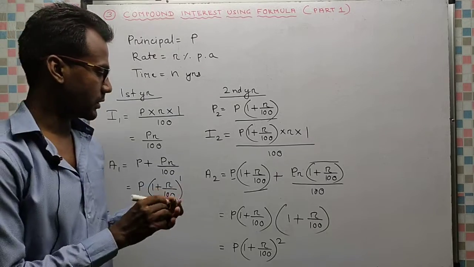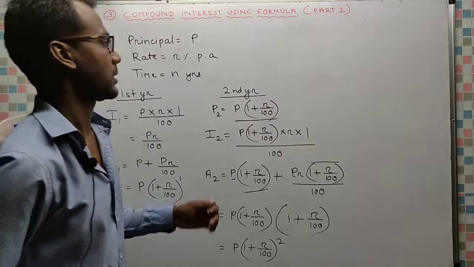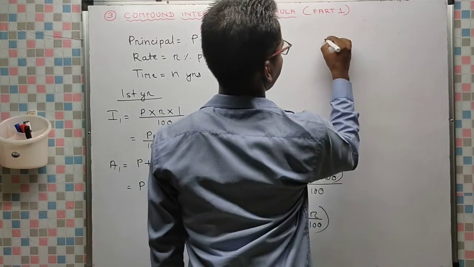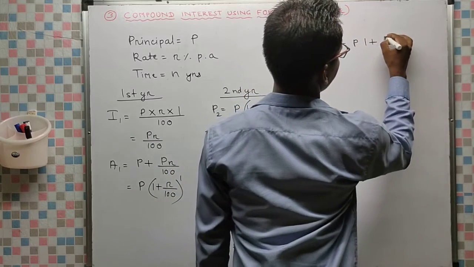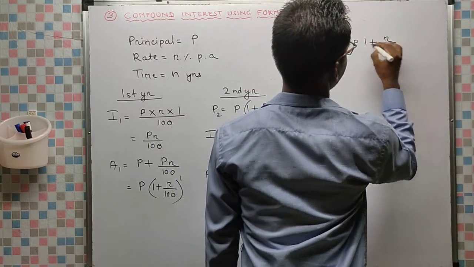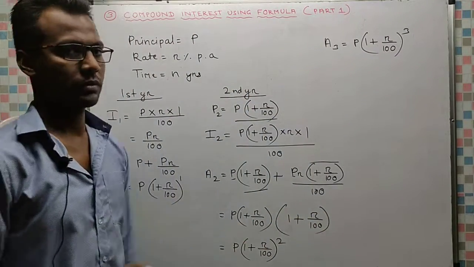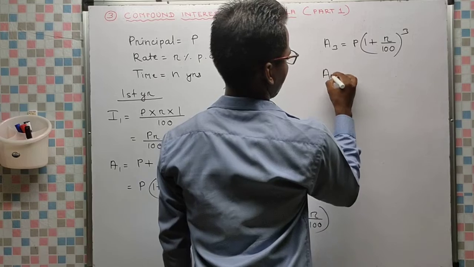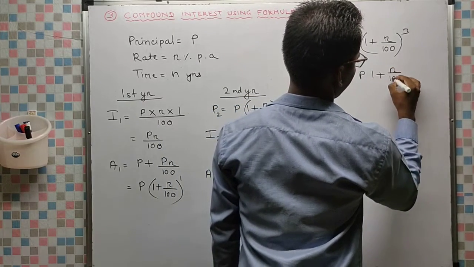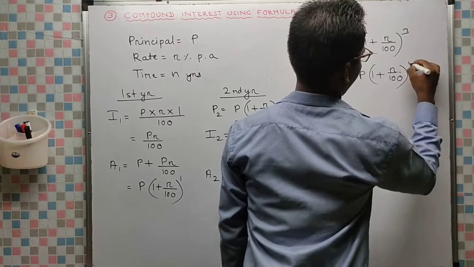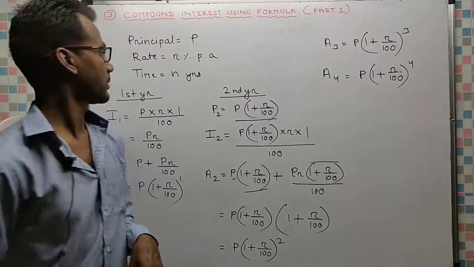A2 is equal to P into 1 plus R by 100 power 2. Similarly, A3 will be P into 1 plus R by 100 power 3. A4 will be P into 1 plus R by 100 power 4. In this way it will continue. So this is the formula.